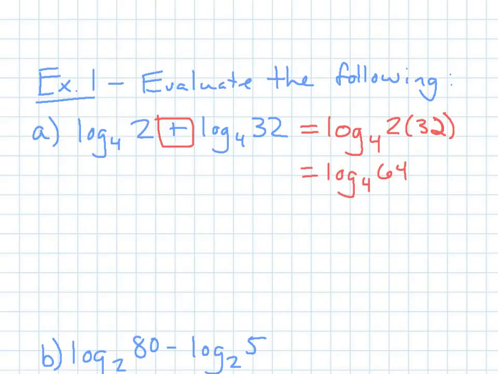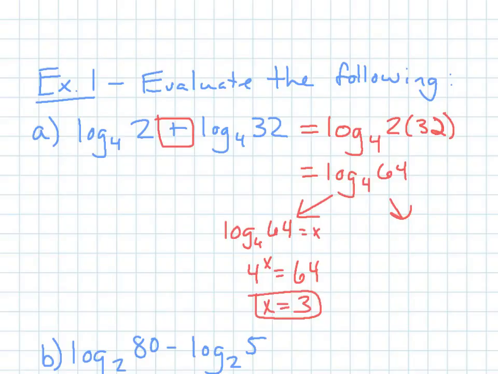Okay, now if you get to a point where you can't do anything, there's two different ways of simplifying this from here. You can set it equal to a variable and then change it to exponential form. So we had one like this in the last video where you have 4 to the x equals 64, so x must be equal to 3 because 4 cubed would be 64.